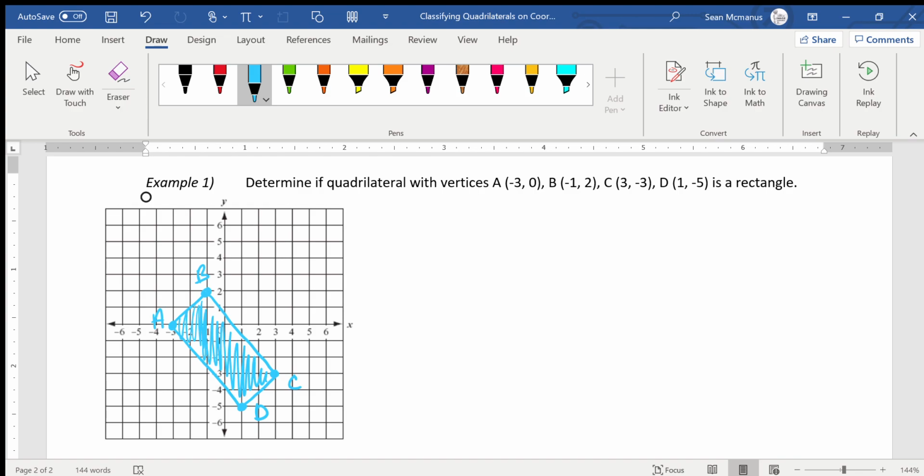We have to show our work, and so this is important stuff here. So determine if it's a rectangle.